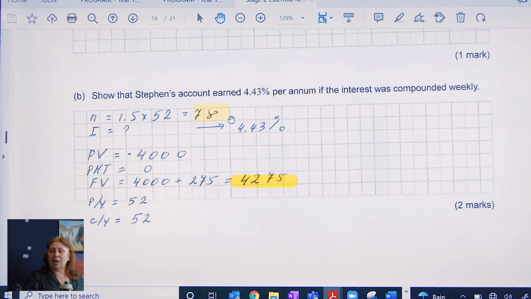If they're finding the interest, the mark is not for 4.43, the mark is for how they put the numbers in, and especially recognizing that N will be 1.5 times 52, and future value will be 4,000 plus 275, okay? So in general, these are the numbers we are looking for, because if those are correct, they will get the right answer there.